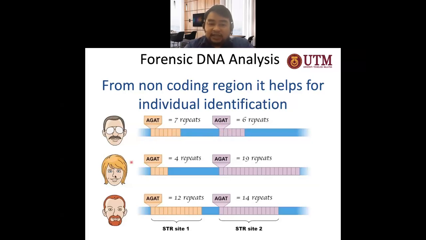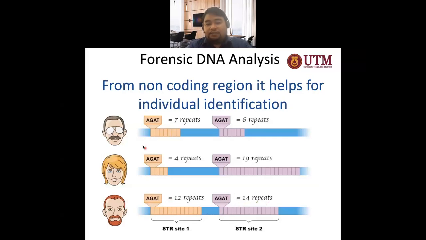But this blonde guy here repeats AGAT for only 4 times. Then you have a long exon, and then it repeats AGAT again for 19 repeats. As for this brunette guy with the red hat, it repeats AGAT for 12 repeats, then you have a small exon here, and then it repeats AGAT again for 14 repeats.